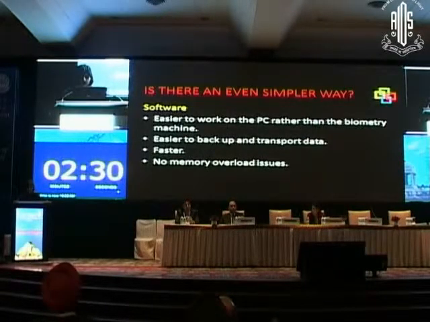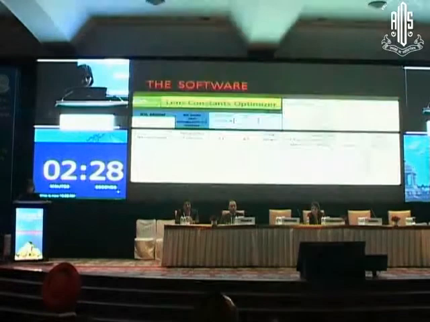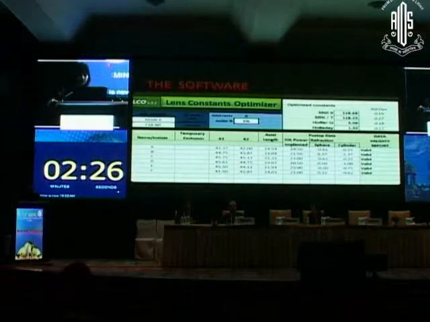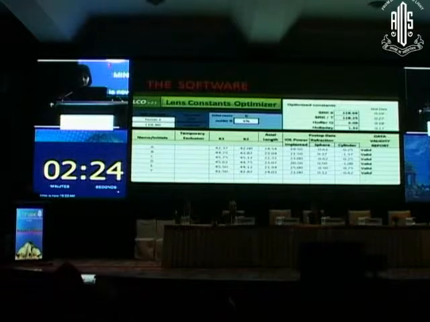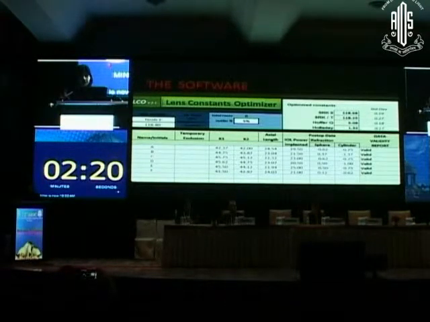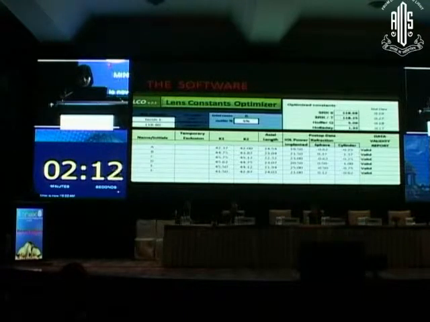I'll just give you an example of the software that we have been using. This is the lens constants optimizer. You will see that the input data requirement is very, very minimal. We basically need to feed in the pre-operative K1 and K2, the axial length.